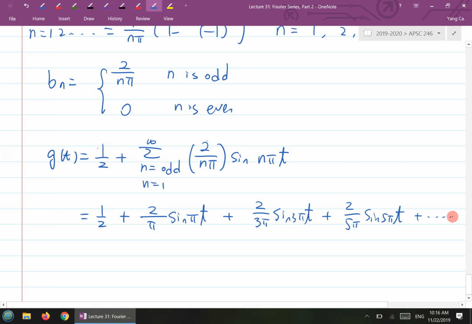So the original unit step type of function, or periodic boxes, can be written as a summation of all of these sines with coefficients like this. Good? Yeah. So it's a simple example of how you can break a periodic function into a summation of sines and cosines.